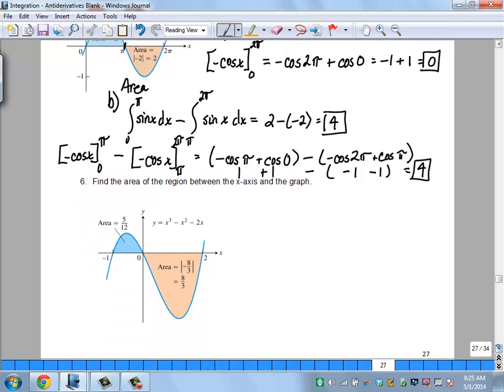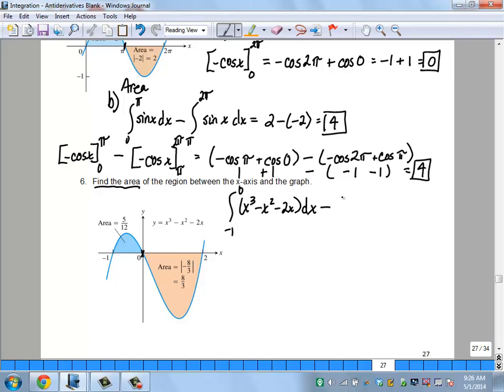Now let's find the area of this region between. So they said find the area, not integral, so we have to see where it breaks, and it breaks here at 0. Okay? So we're going to evaluate the integral from negative 1 to 0 of x cubed minus x squared minus 2x dx.